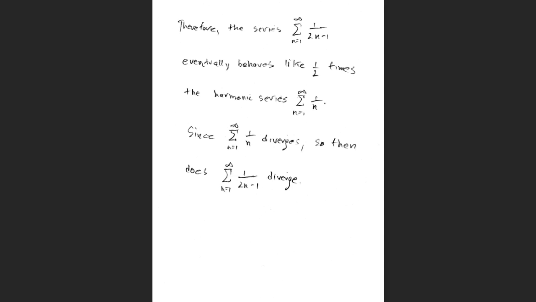Our series eventually behaves like 1/2 times the harmonic series, because the ratio of the terms of our series to the harmonic series was equal to 1/2. But 1/2 times infinity is still infinity, you see? So our series diverges just like the harmonic series does.